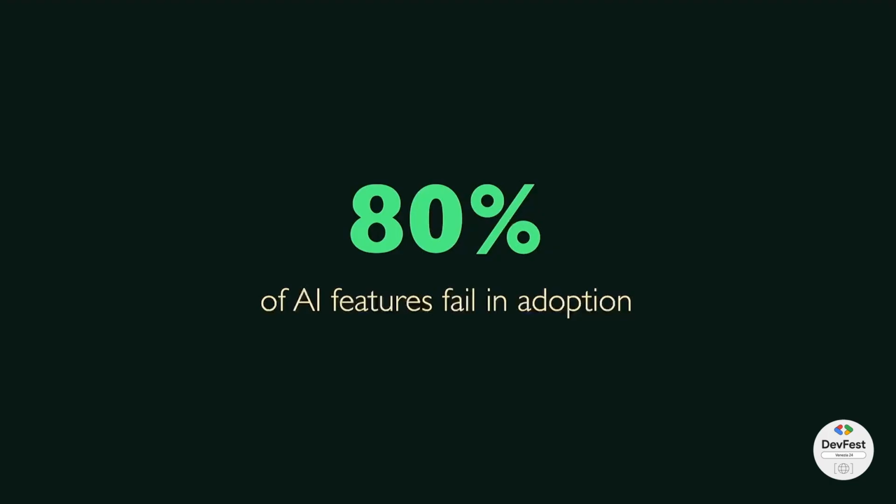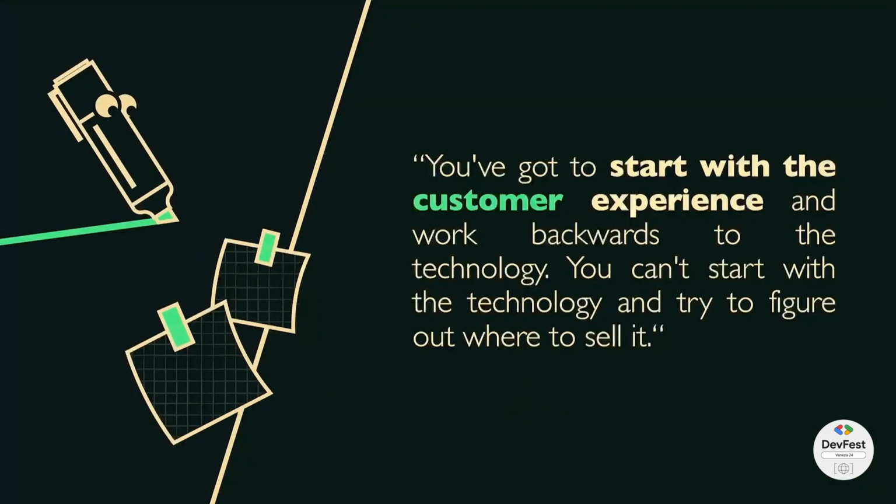This reminds me of a warning that we got from Steve Jobs, almost 30 years ago, about something very different, but it still applies today. When working with new technology, you need to start with the user experience, and based on the user experience, work backwards to understand what technological pieces you need.